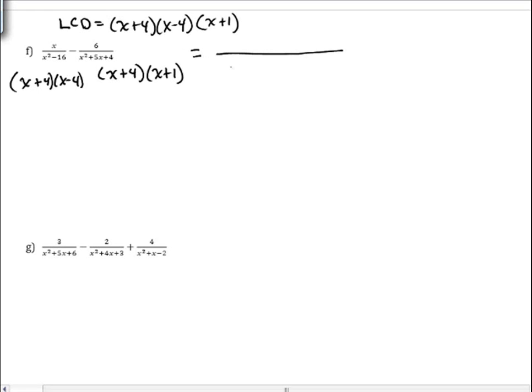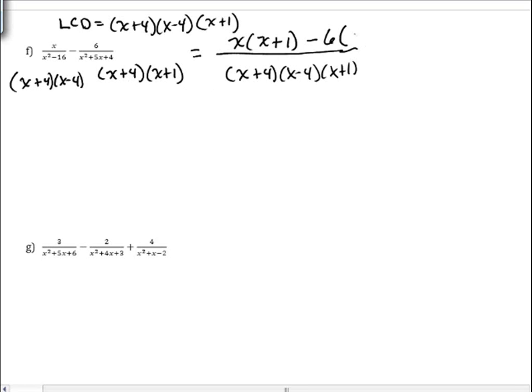So now we're going to want to write this over our common denominator, x plus 4 times x minus 4 times x plus 1. The thing from our common denominator that's not in the first denominator is the x plus 1. So we're going to take x and multiply that by what was missing, the x plus 1. And then minus, we have 6. And that denominator was x plus 4, x plus 1.